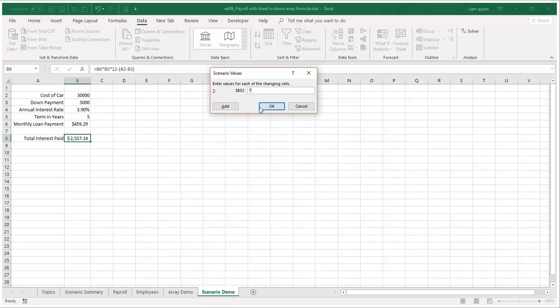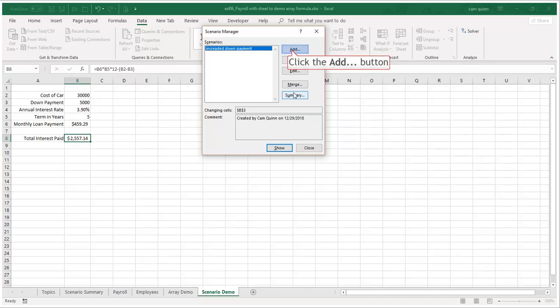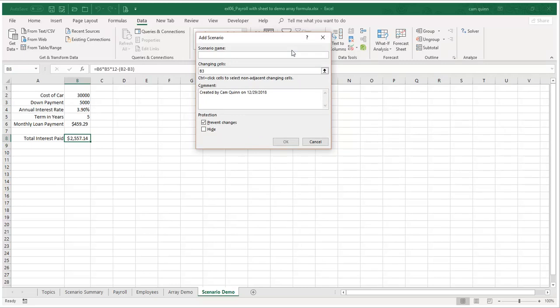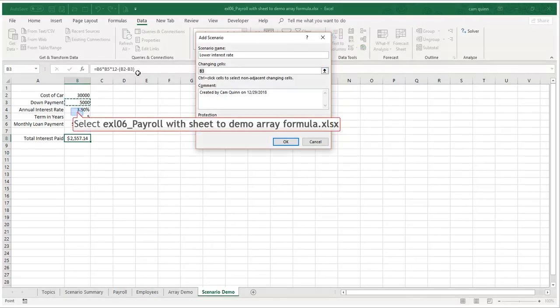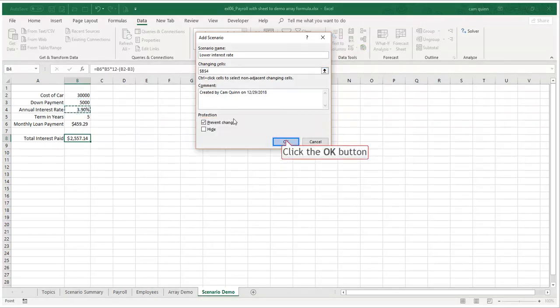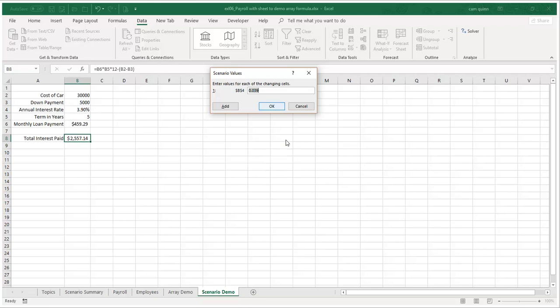Okay, and I'm going to add another one. This one I'm going to call Lower Interest Rate. So the cell that I'm changing is going to be my interest rate, and I'm going to change that to 0.025, so 2.5%, which would be pretty good these days.